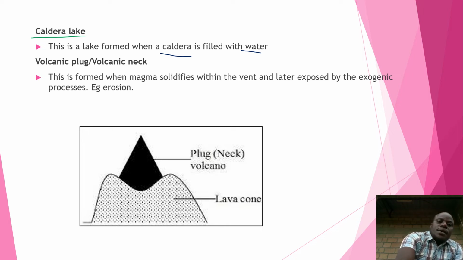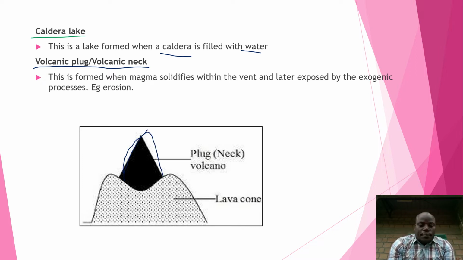In the same slide, we have volcanic plug or volcanic neck. When you check on the diagram, this part here looks like a neck or a plug. So it is formed when magma solidifies within the vent and is later exposed by exogenic processes. Magma is trying to look for its way out, to get extruded.